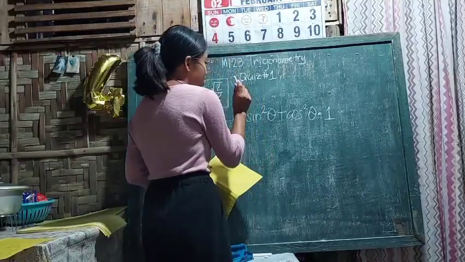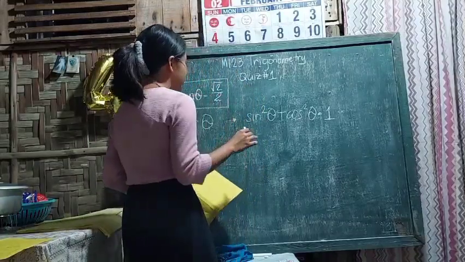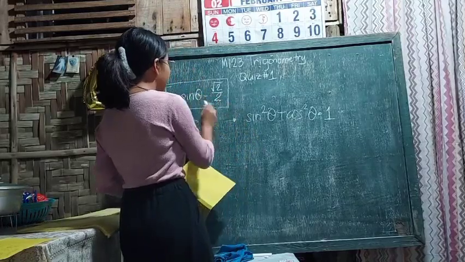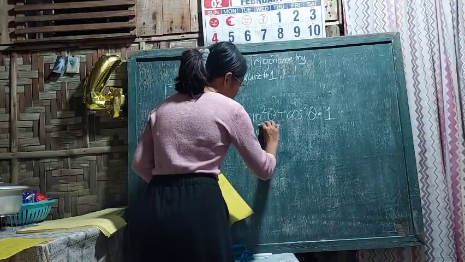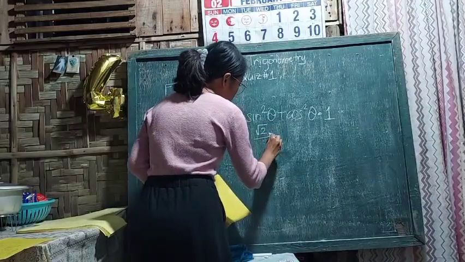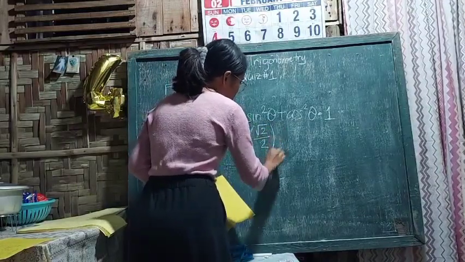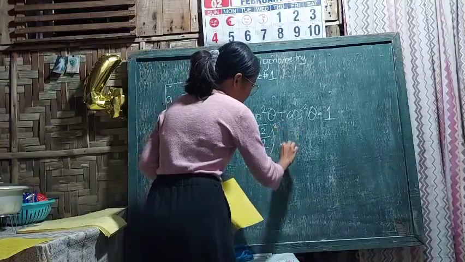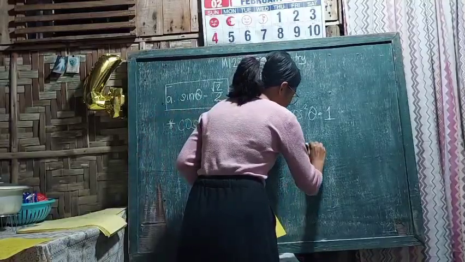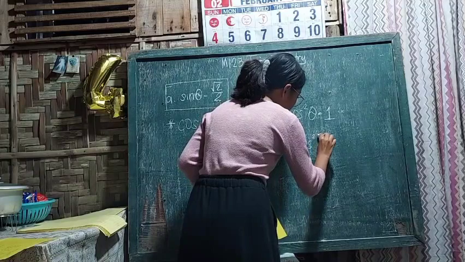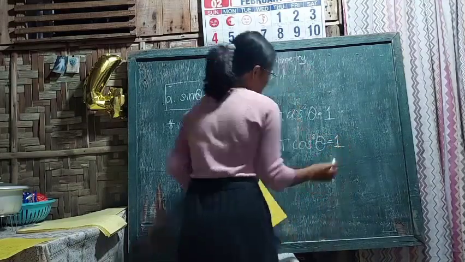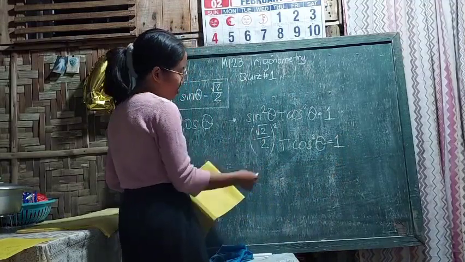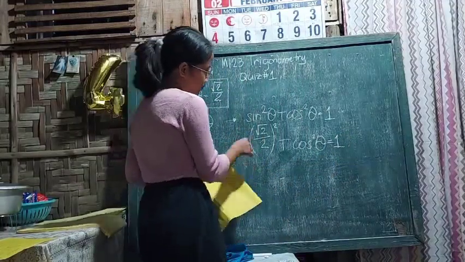So sine squared theta, we can substitute our value of sine theta here, will become square root of 2 over 2 squared plus cosine squared theta is equal to 1. Now let's simplify our fraction here.